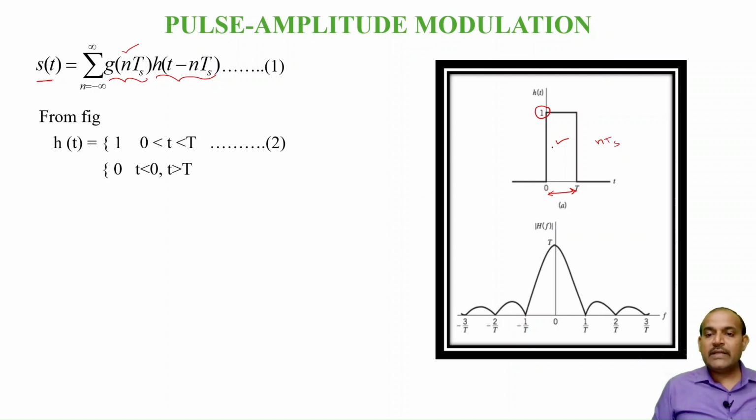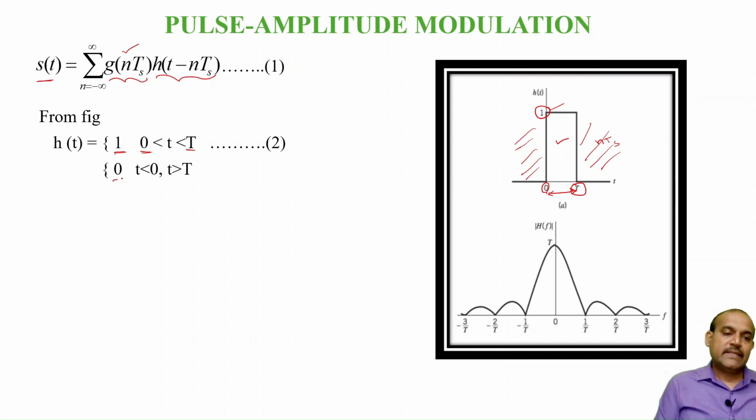So this is the representation of h of t, and hence we got the modulated signal. If you look at this h of t, between the interval 0 to T the amplitude is 1. Therefore I can write h of t equals 1 when t is between 0 and T, whereas for greater than T or less than 0 the amplitude is 0.